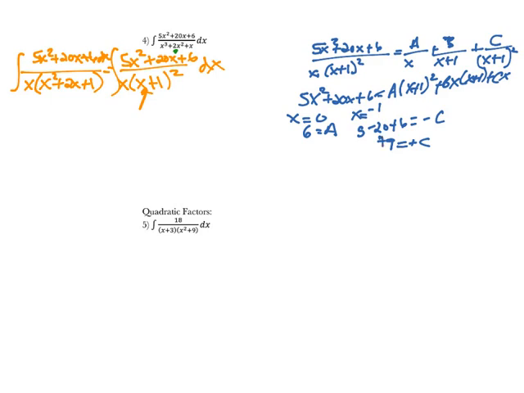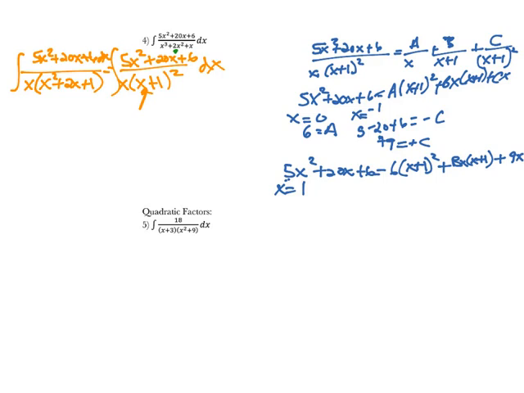Again, I have no way to get rid of b, so I plug those values in. So I say 5x squared plus 20x plus 6 equals 6 times x plus 1 squared plus bx times x plus 1 plus 9x. So if I let x equal 1, I can solve for b.